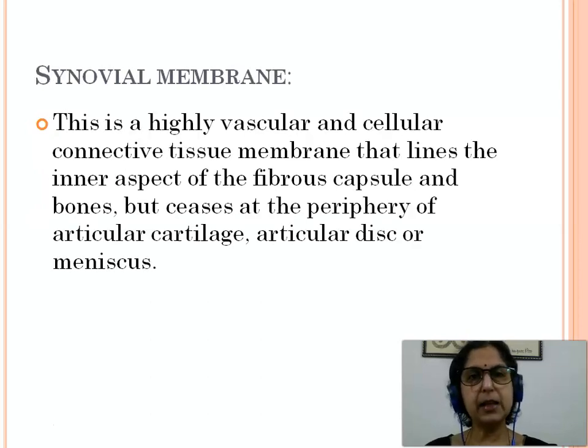This is a highly vascular and cellular connective tissue membrane that lines the inner aspect of the fibrous capsule and the bones which are forming the joint. This membrane ceases at the periphery of the articular cartilage, articular disc, or the meniscus.